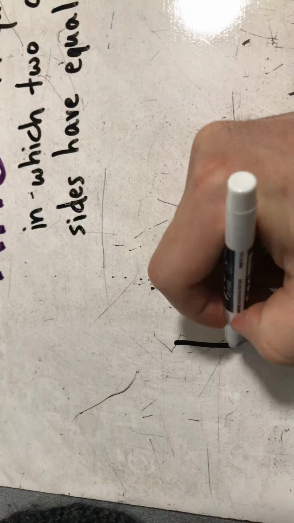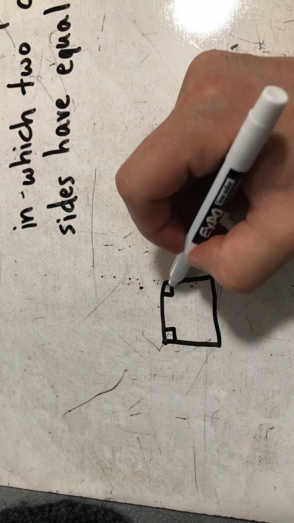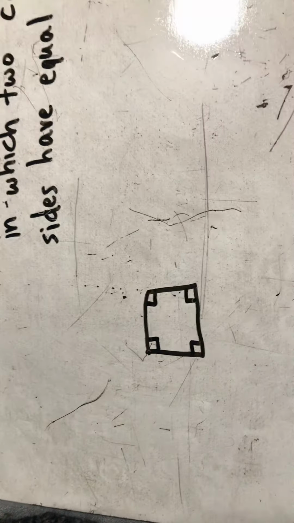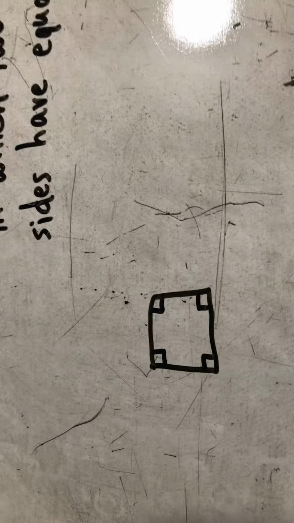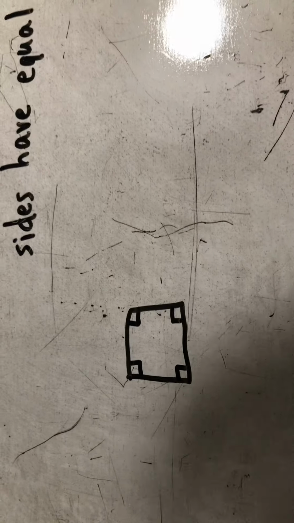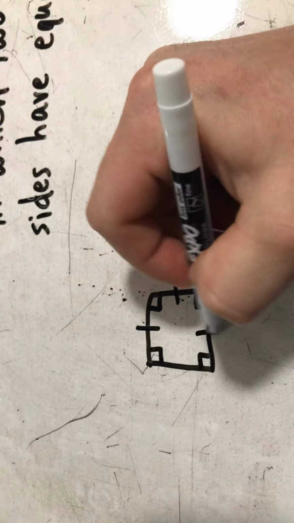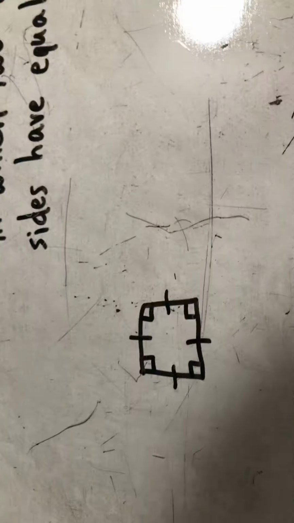So in the math world, the technical definition of a square is that it's a four-sided figure, but it's a rhombus, which we know as a four-sided figure, and it has four right angles. That's the true definition of what a square is. And of course, we all know that squares also have equal sides, and that's what makes it a rhombus, because that's what a rhombus is.